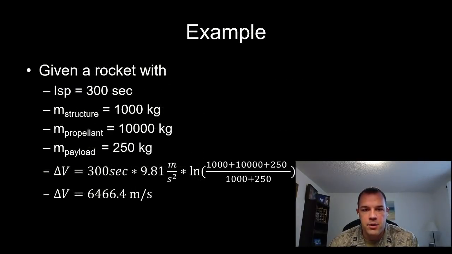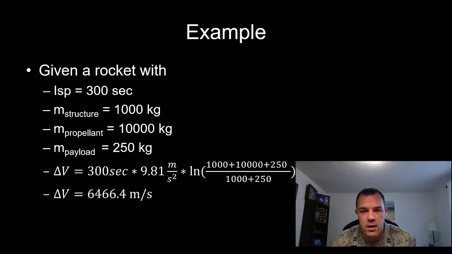So we have a quick example here, and I thought I had the build on this one, but I guess we don't. So you can see a rocket with, for instance, 300 seconds of ISP. Yes, ISP is in seconds. It's sort of an odd unit, but don't think about it too much because it's hard to explain in terms of time.